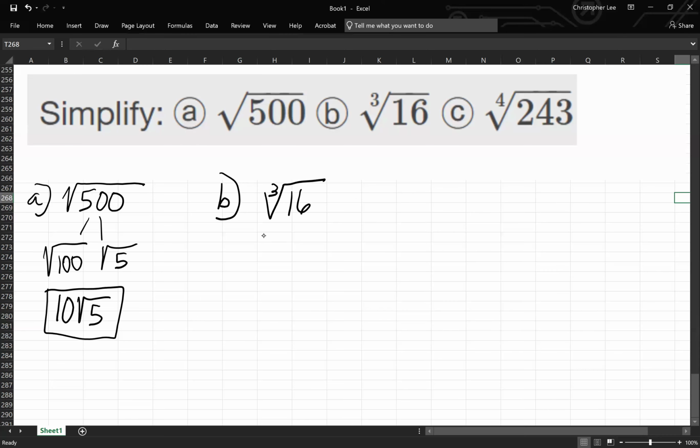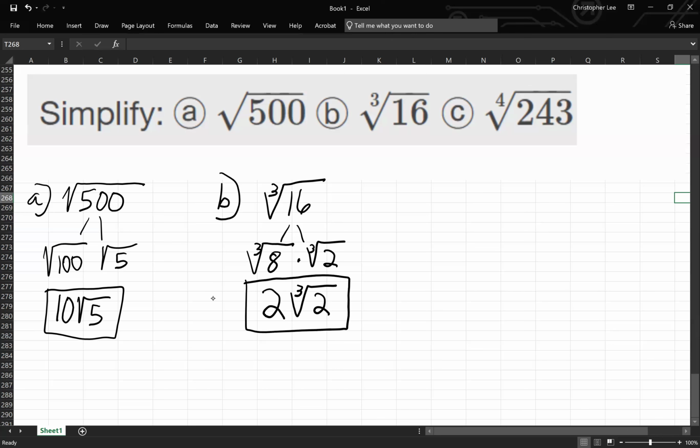So we could break this up into the cube root of 8 times the cube root of 2. You know that 8 is just 2 times 2 times 2, 2 to the third power. So this is just very simply 2 cube root of 2. Okay, any questions so far for anybody?